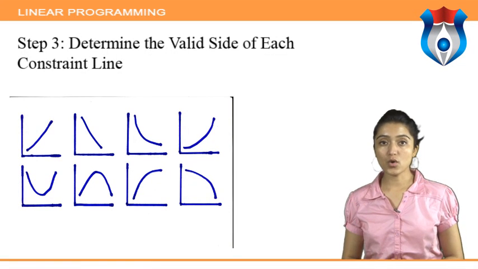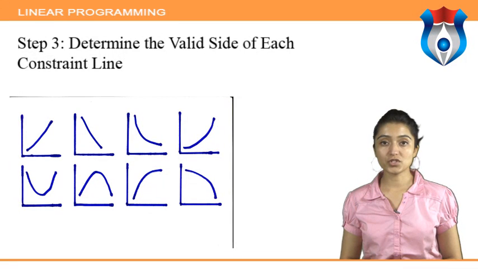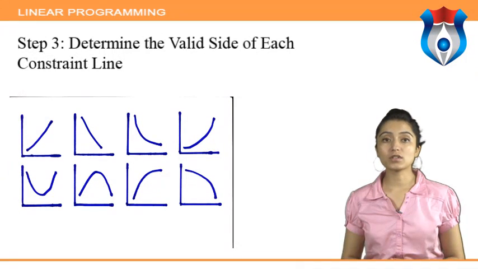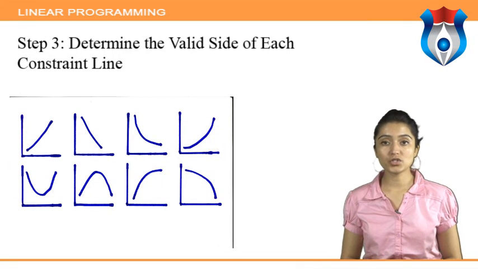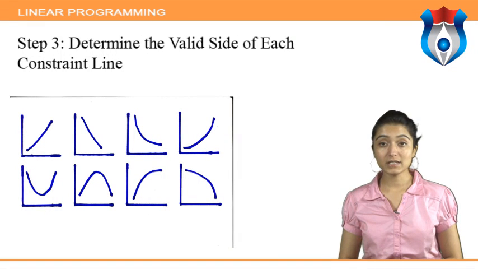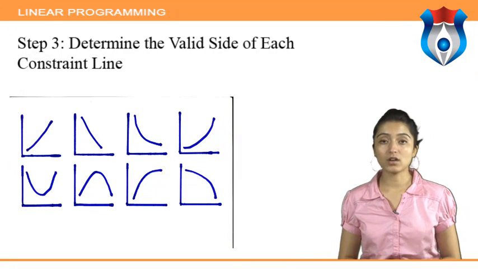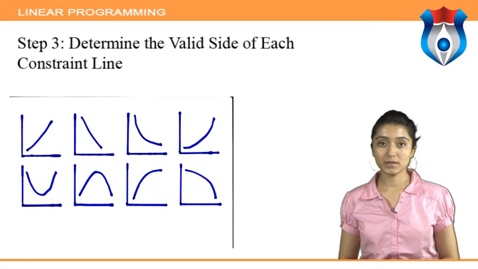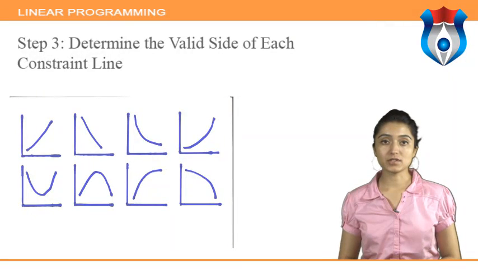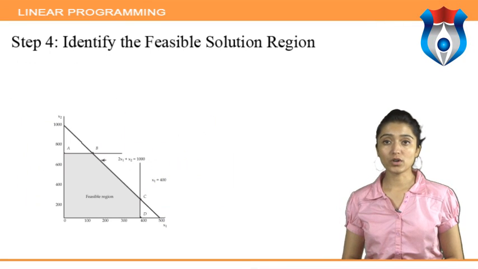If (0, 0) does not satisfy the constraint, then all points on the other side and away from the origin are feasible, valid, and all points on the origin side of the constraint line are infeasible, invalid. There are two exceptions.